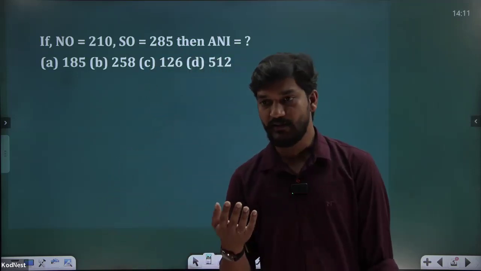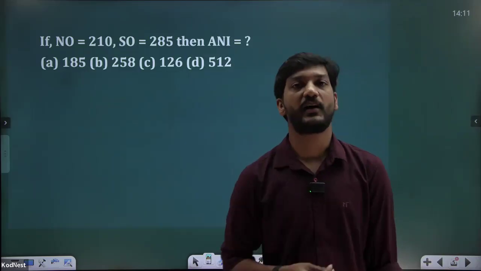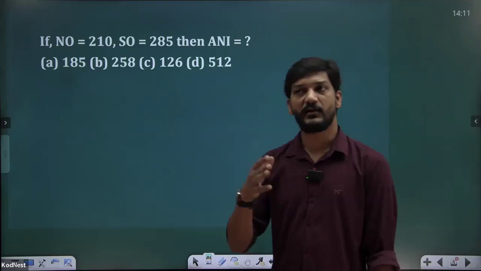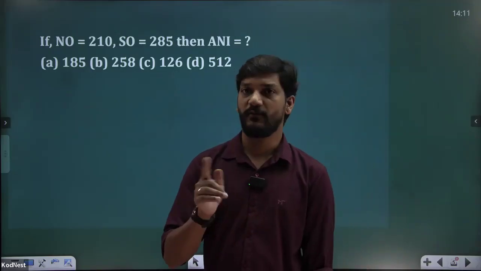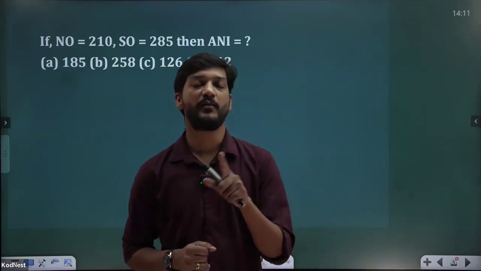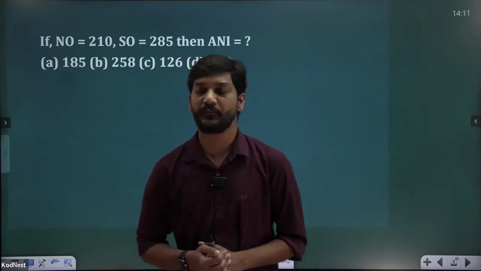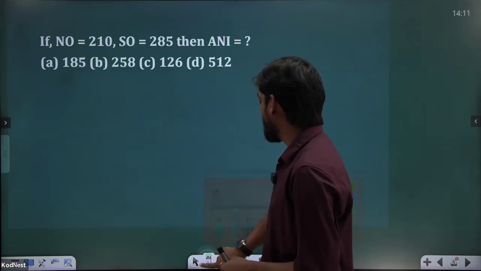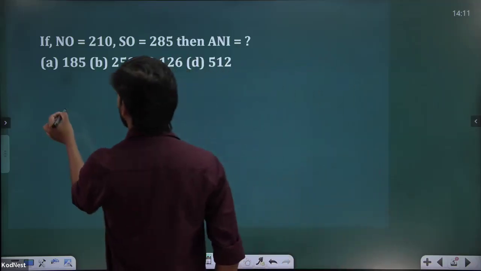So for example, if I say what is the reverse place value of G, so you will say, sir, place value is 7. So reverse place value will be 27 minus 7, that is 20. If you see this question, the question is very simple.